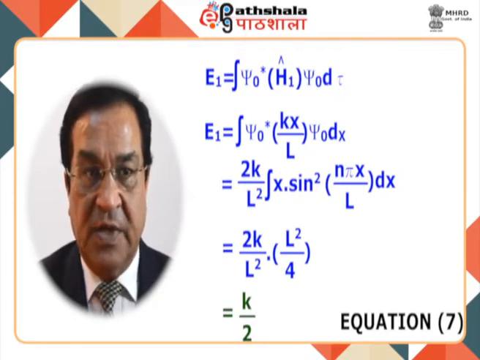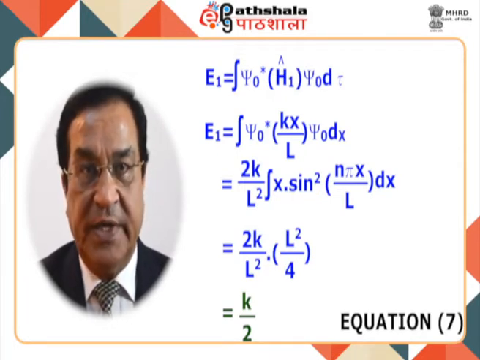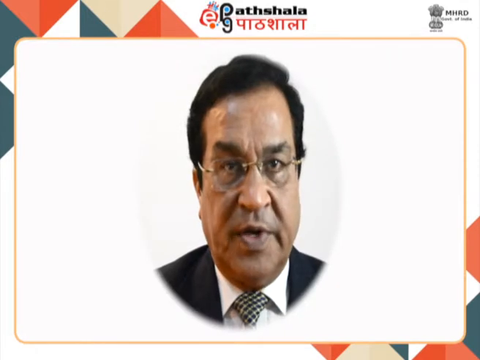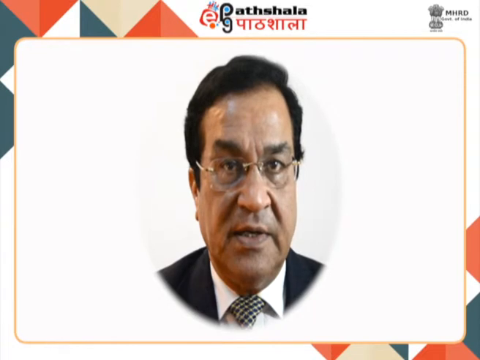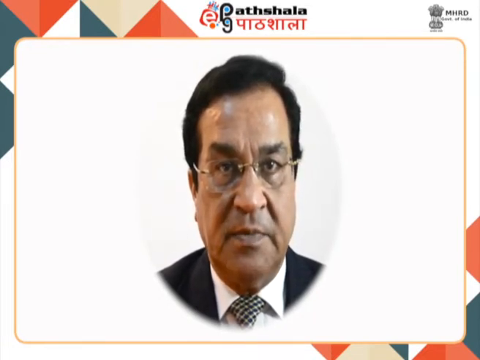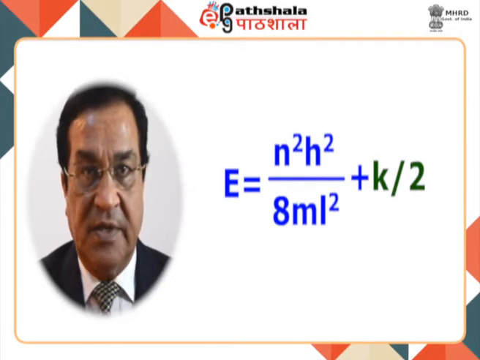Unperturbed energy was, as we had already seen, n square h square upon 8mL square, and k by 2, which we get now, will be the correction to that energy. So once we have this first order correction to the energy, the total energy of the particle in a one-dimensional box with slanted bottom is given by E is equal to n square h square upon 8mL square plus k by 2.